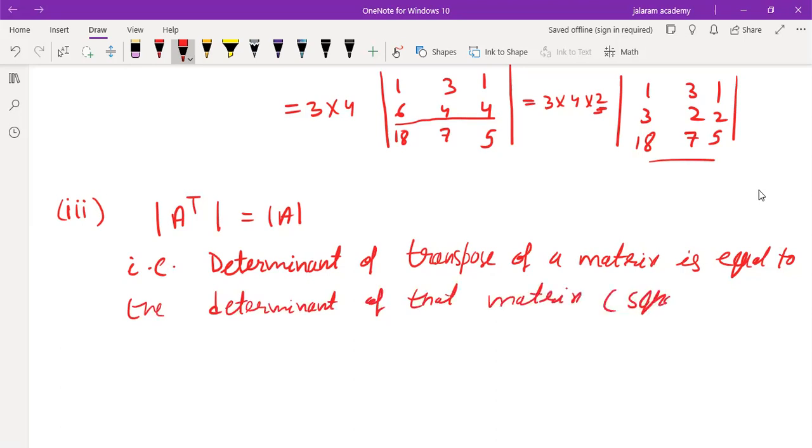Remember, they must be square matrices only. If A is a matrix, its determinant is denoted by determinant of A. And if we transpose it and expand it either through a row or through a column, it gives the same answer. Means the determinant of the transpose of a matrix is always equal to the determinant of the matrix itself. Next.